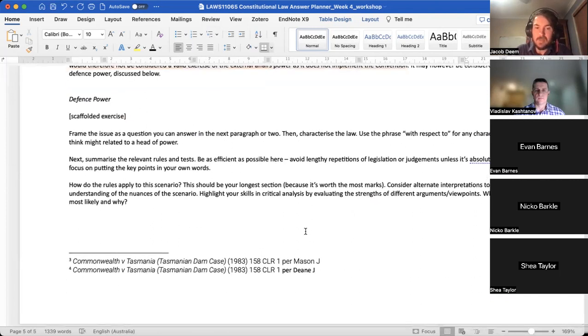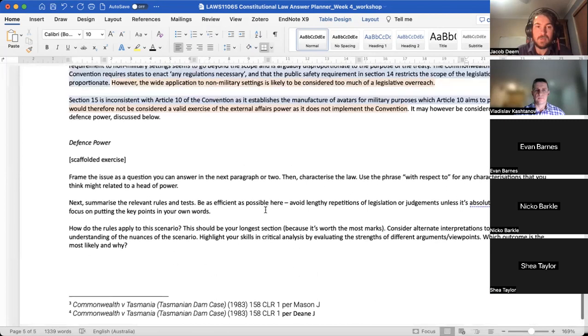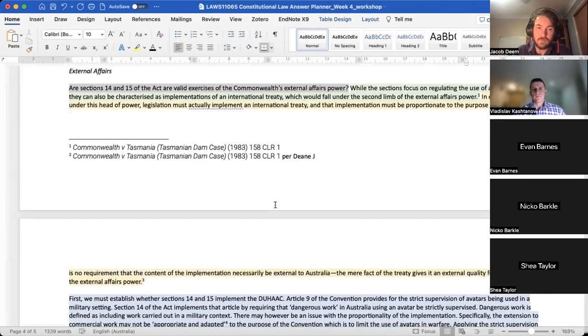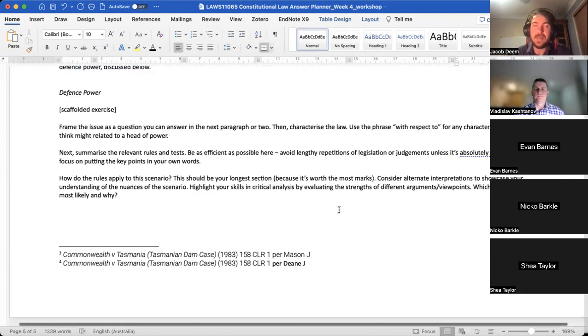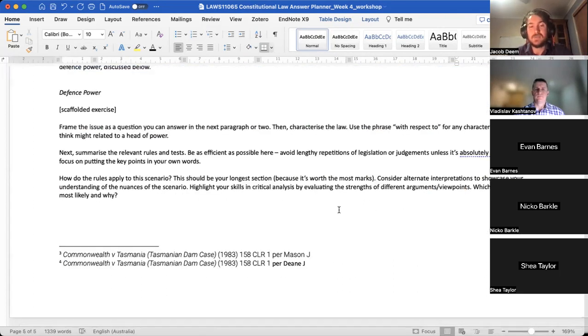The reason being, because the discussion of the rules in particular becomes a bit formulaic and can be used across multiple settings. Perhaps I don't want to give you a word for word answer about how to address the use of the defense power.